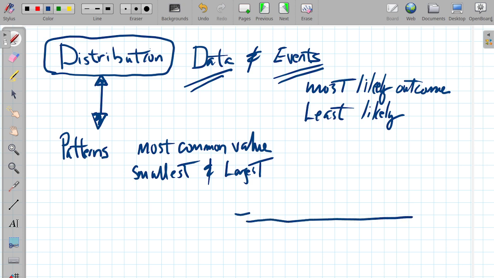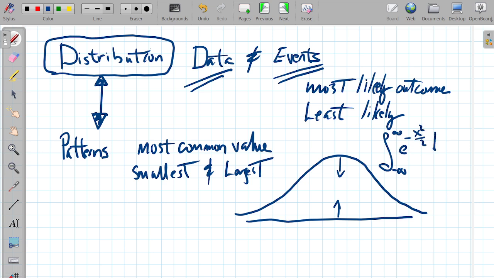I don't know. One of the most common distributions is the standard normal distribution, or usual bell curve. Well, the mathematics that you won't have to deal with involves calculating the area below this curve and above the x-axis. And that is the integral from negative infinity to positive infinity of e to the negative x squared over 2 dx.